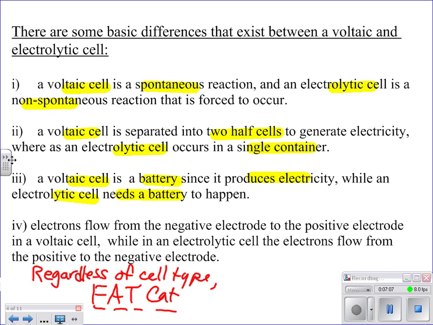So what that means is the difference that we're going to have is the charge of the anode. And there's a couple different ways you can remember this. You can remember that Vanna works for the EPA, or an EPA van, something like that. But what this tells us is that in a voltaic cell, the anode is negative. So let's just say anode negative.